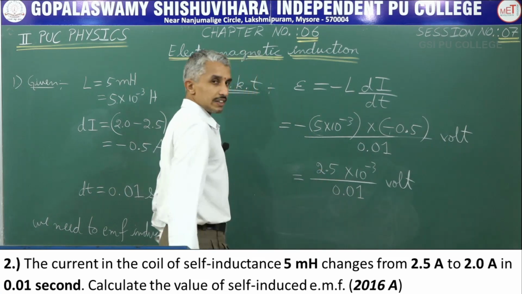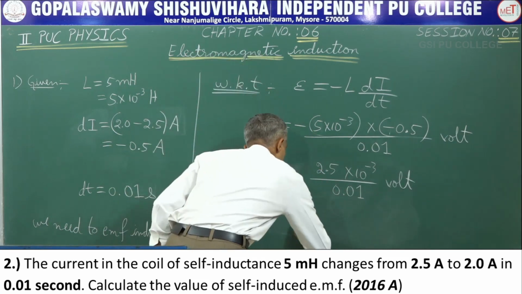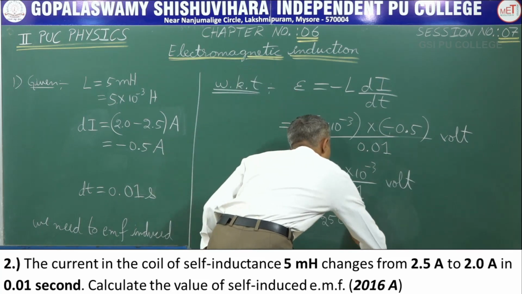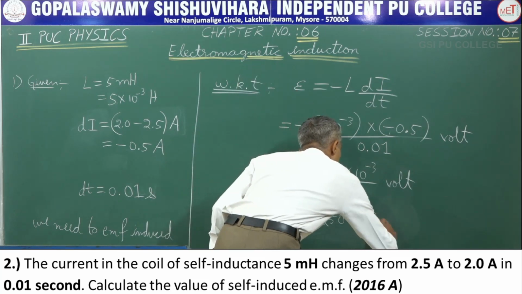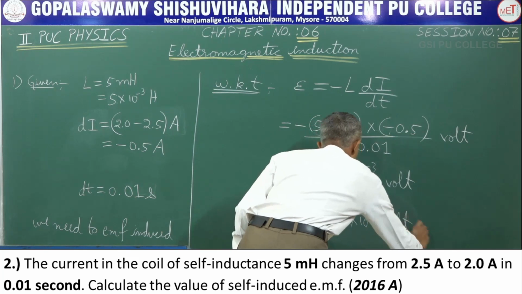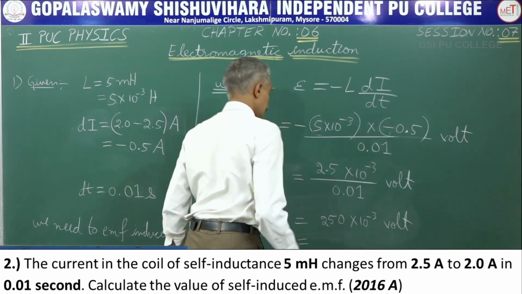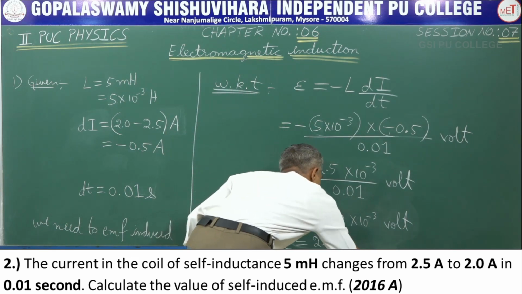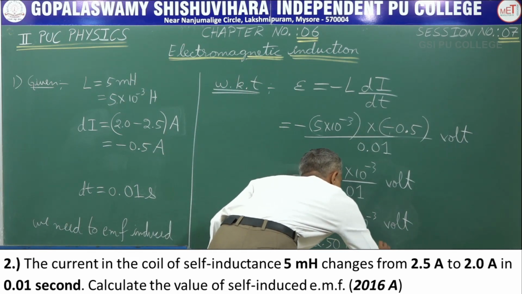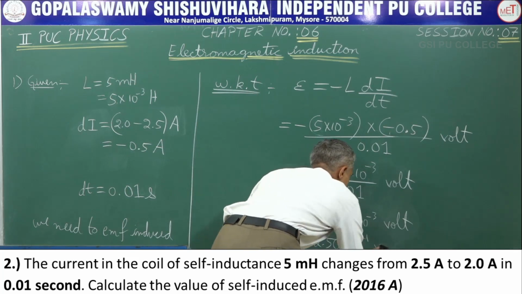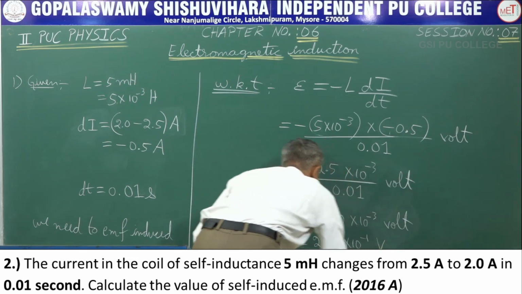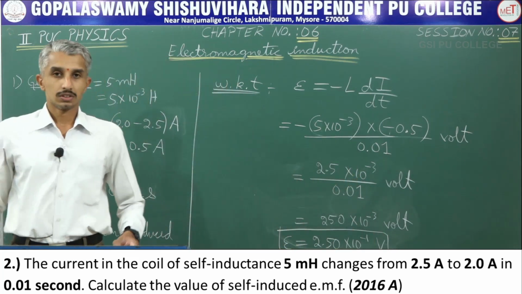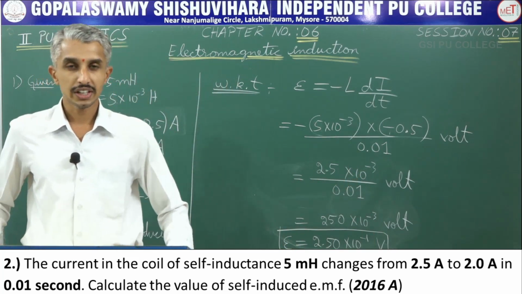So 2.5 divided by 0.01, you will get this as 250 into 10 to the power minus 3 volt. According to significant figures, I can write this as 2.50 into 10 to the power minus 1 volt. So that finishes the second numerical.